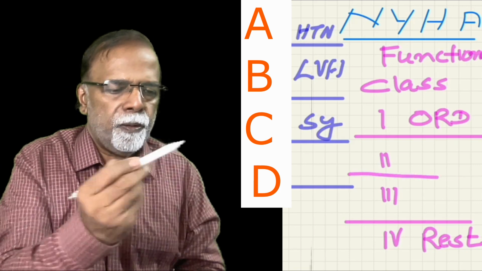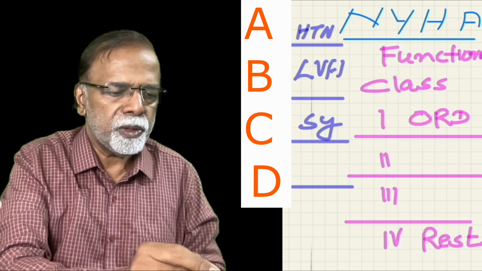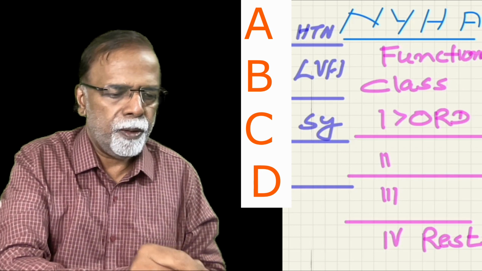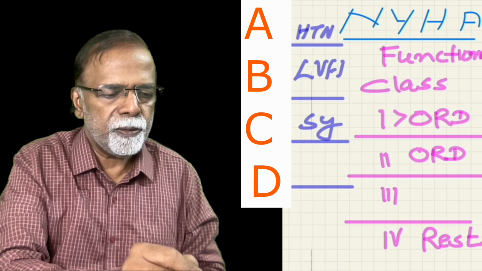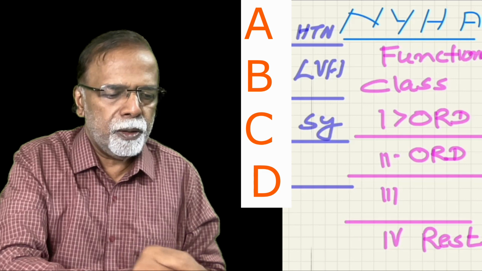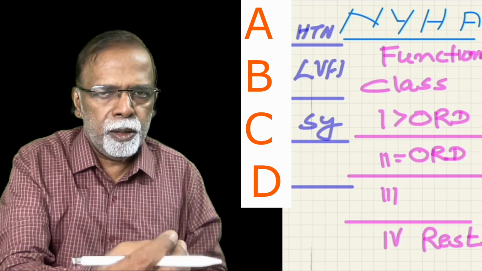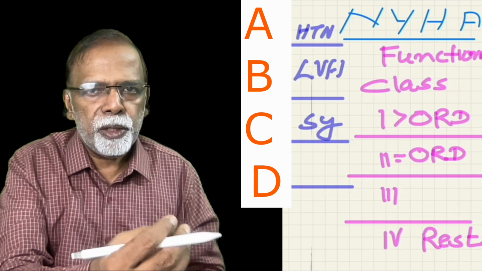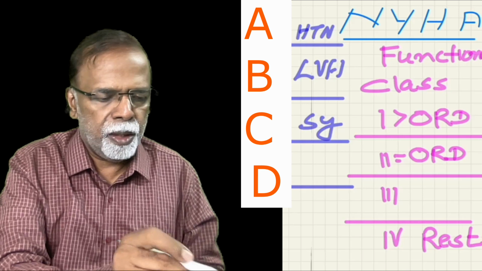Class 2 means ordinary activities will produce symptoms. What is meant by ordinary activities? Going to the shop, doing the routine activities of daily life. That is an ordinary activity.